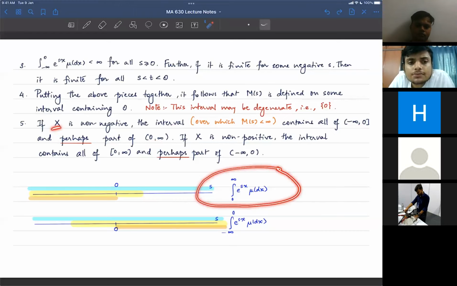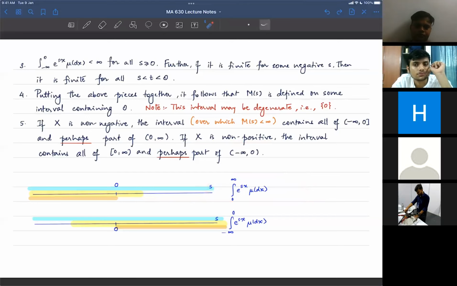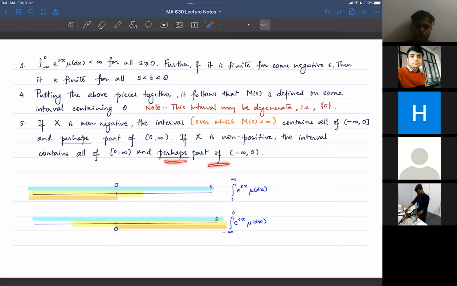Similarly, if x is non-positive, namely it is 0 or negative, then the interval contains all of 0 to infinity, and perhaps part of minus infinity to 0.